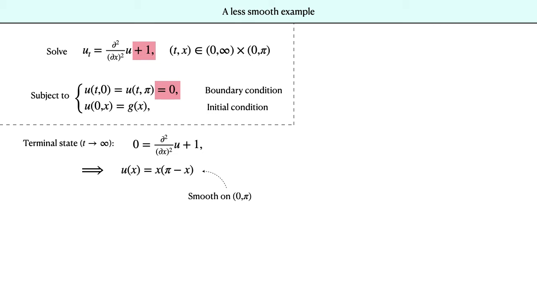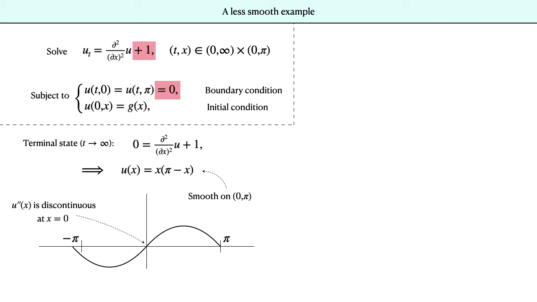Now, this polynomial is smooth on 0 to pi, and so far it doesn't seem like there's a non-smooth part in the problem, but we are approximating this function using sine functions. And as before, sine functions treat functions on 0 to pi as really odd functions from -pi to pi. So from the perspective of a sine function, the way u really looks is as a parabola that has been glued to the flipped version of itself.